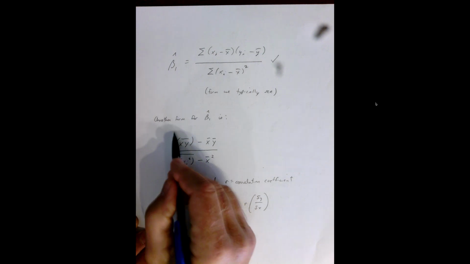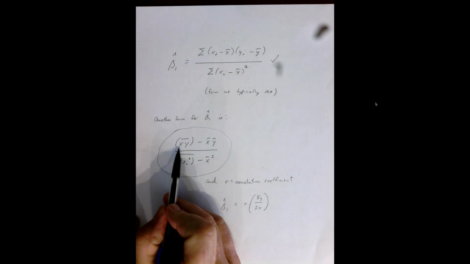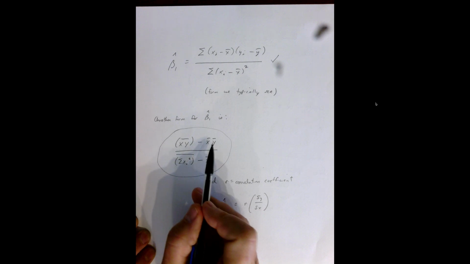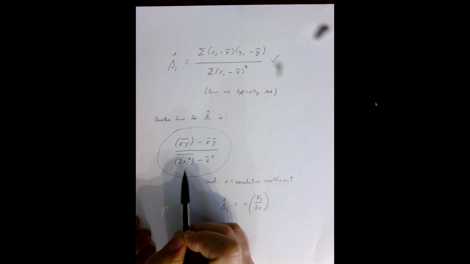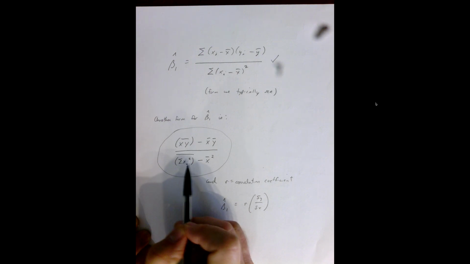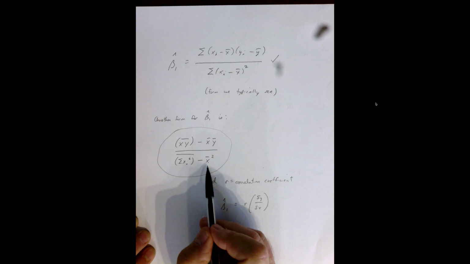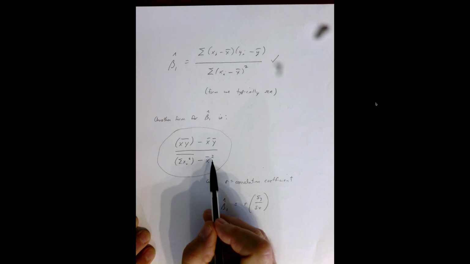Another form that I use sometimes because of the simplistic nature: you just have to take the product of the x's and the y's and take the mean of that minus the individual means of x and y, and sum up the x sub i squares, and then take just the square of the mean of x.